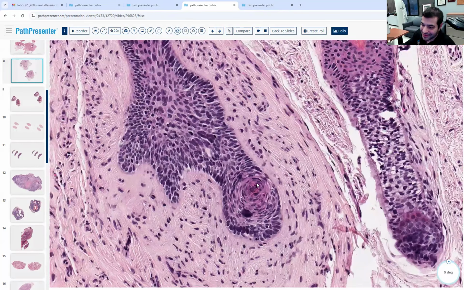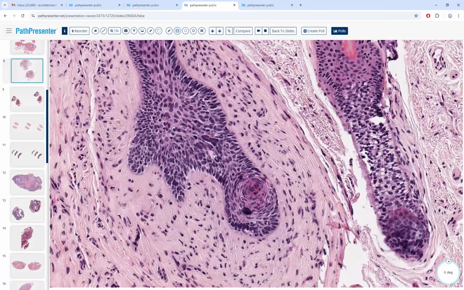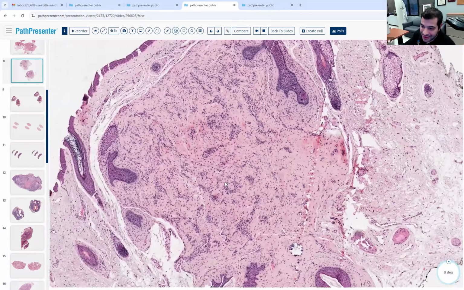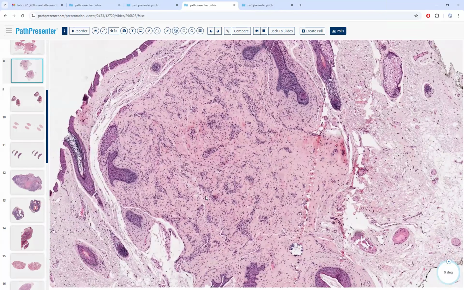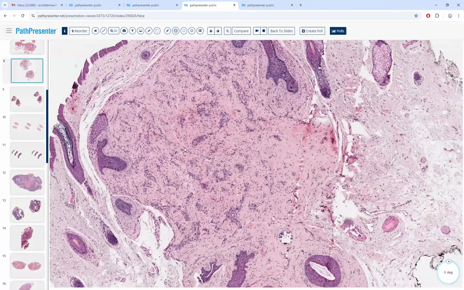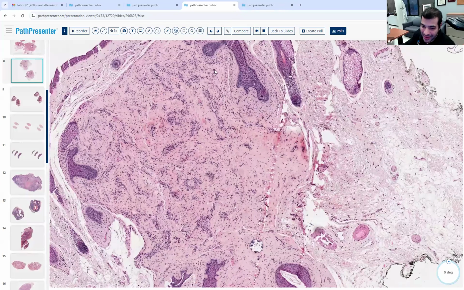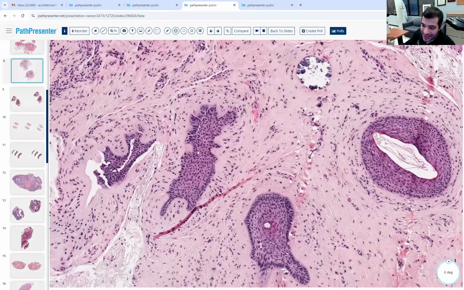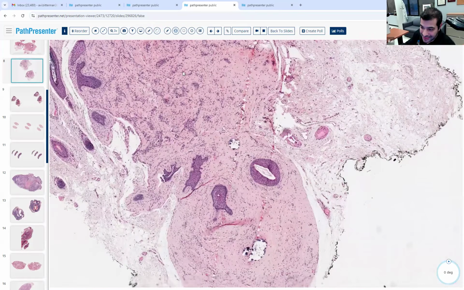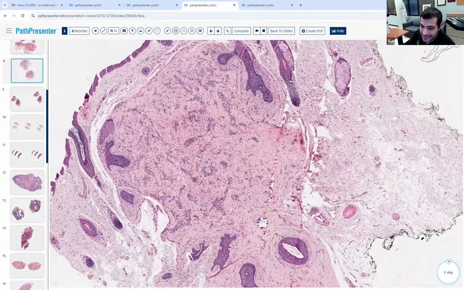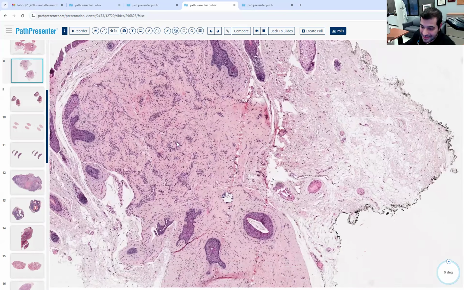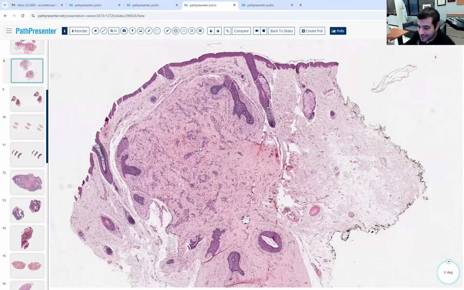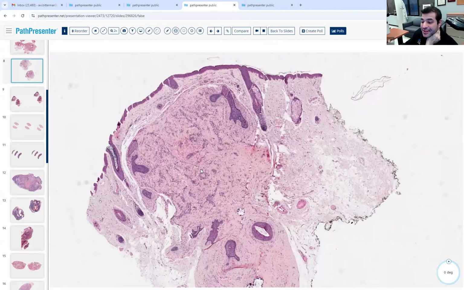Hair follicles? Yeah, they're follicular structures. What kind of stroma is this? Fibrotic. Follicular structures in a fibrotic stroma, with cords of epithelium penetrating the fibrous stroma. The fibrofolliculoma. Okay, good.